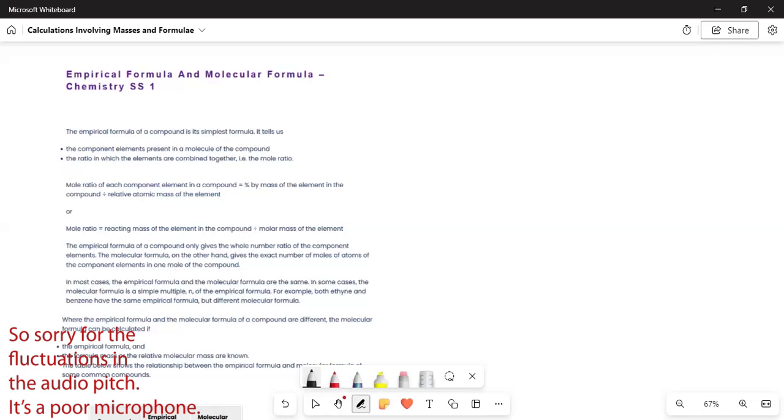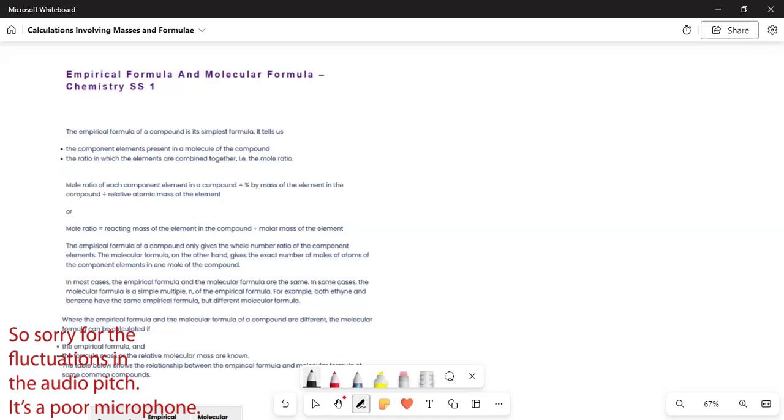So there's a relationship between molecular formula and empirical formula. First of all, we need to get the mole ratio of each component element in a compound. The mole ratio is defined as the percentage by mass of the element in the compound divided by the relative atomic mass of the element, or the reacting mass of the element in the compound divided by the molar mass of the compound.